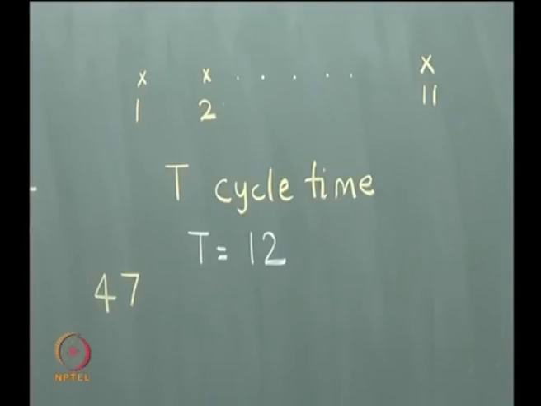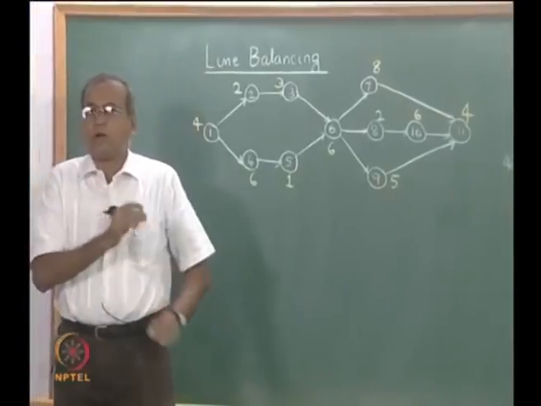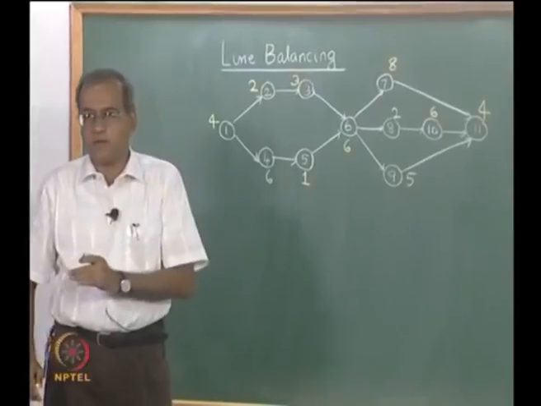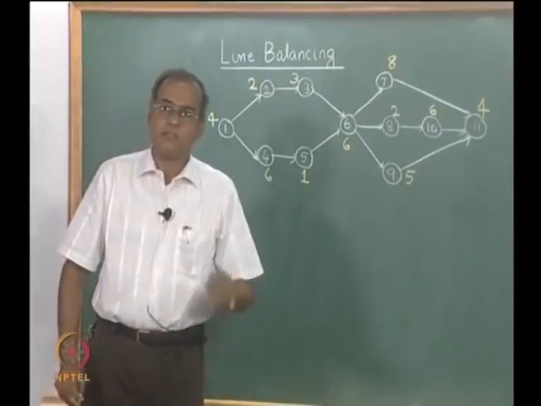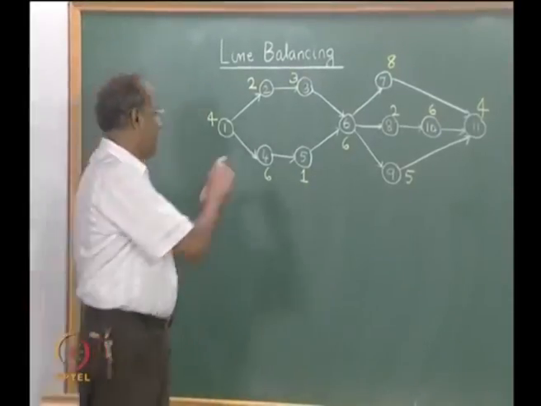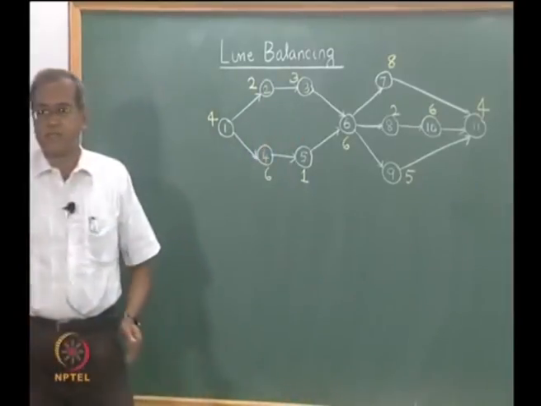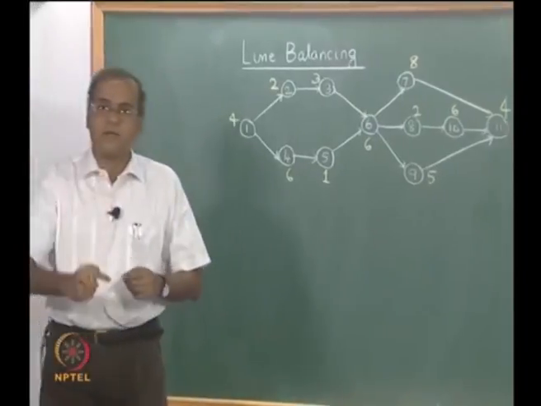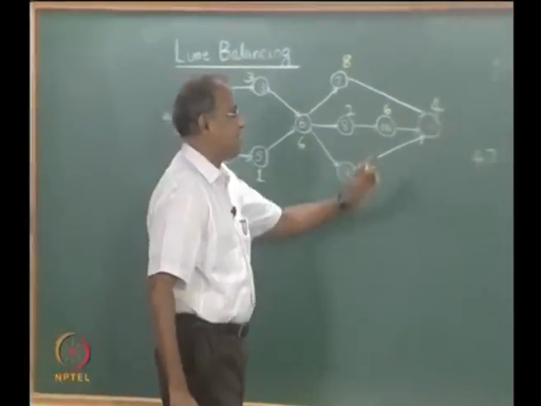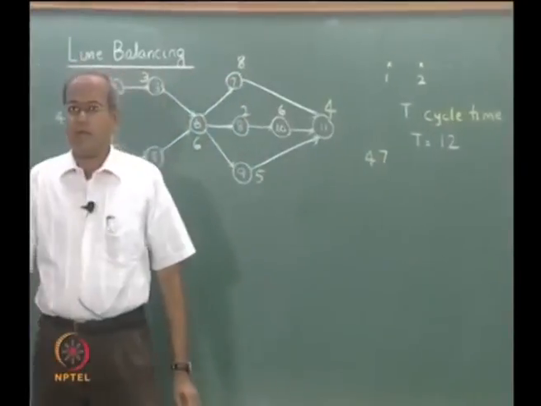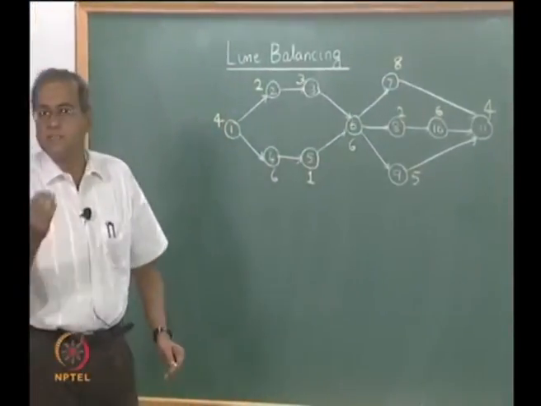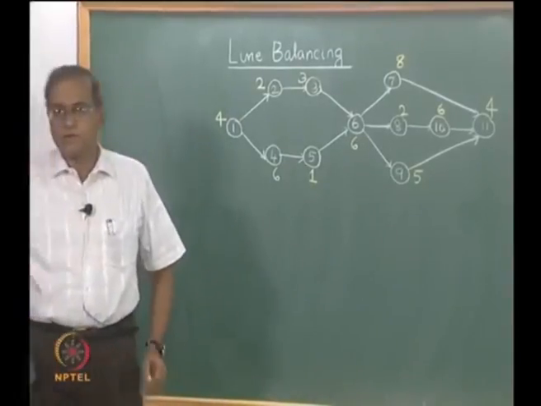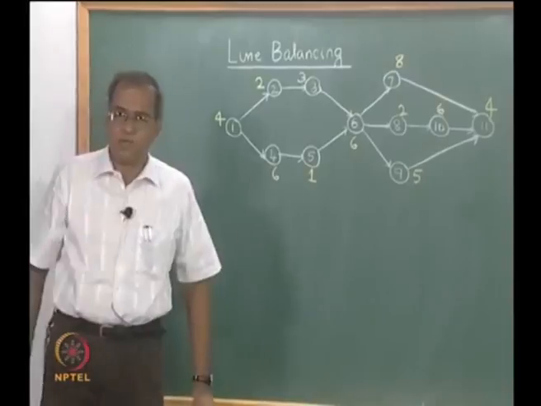So, once we define this T, the problem is one of trying to find out how many workstations we require, minimum workstations, such that each task or activity is assigned to only one workstation, the time taken in a workstation does not exceed the cycle time 12, and the precedence relationships among the activities are satisfied. So, this is called the line balancing problem.